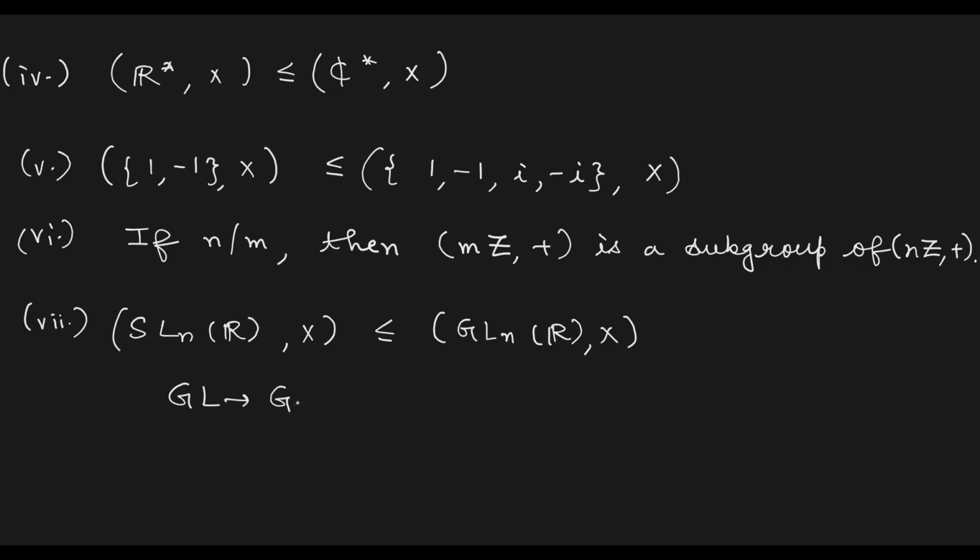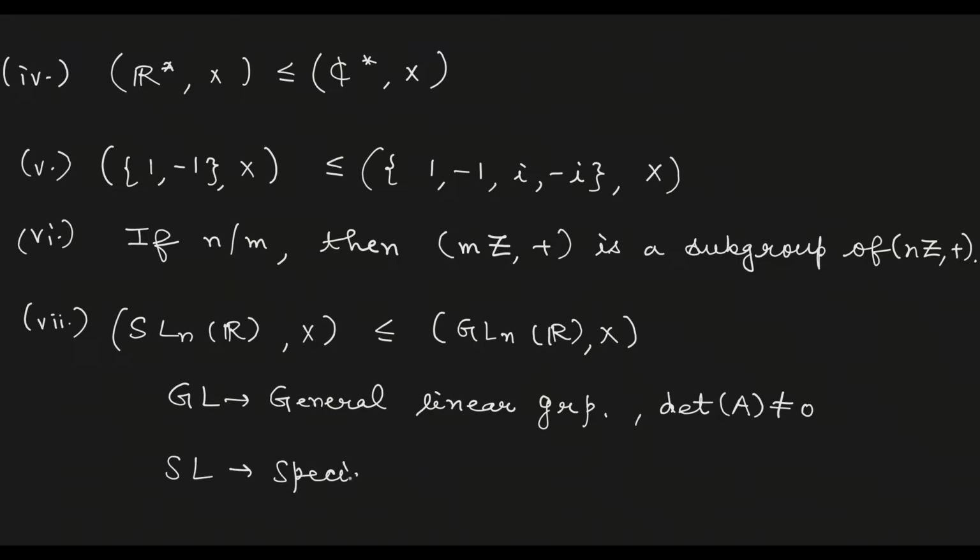GL is general linear group, in which determinant of matrix is non-zero, and SL is special linear group. In this, determinant of matrices is 1.